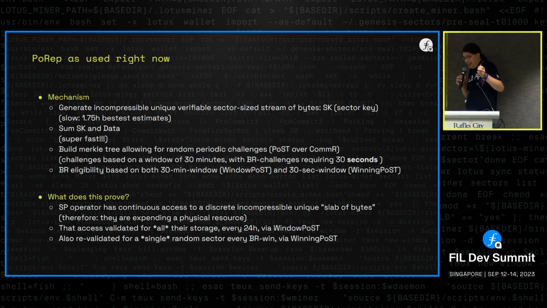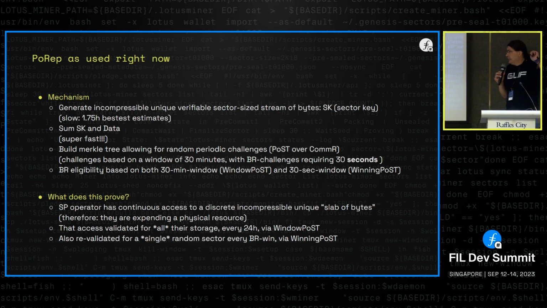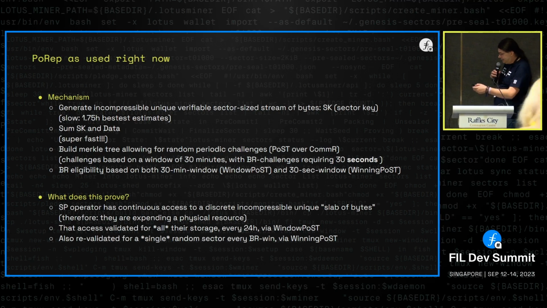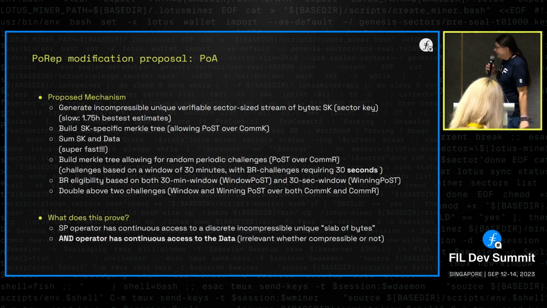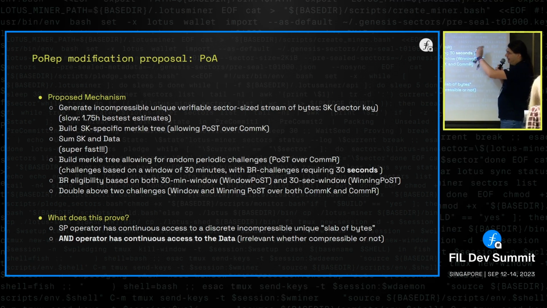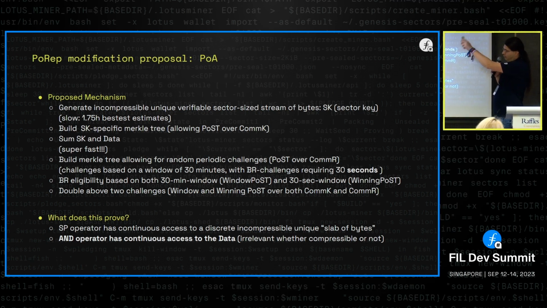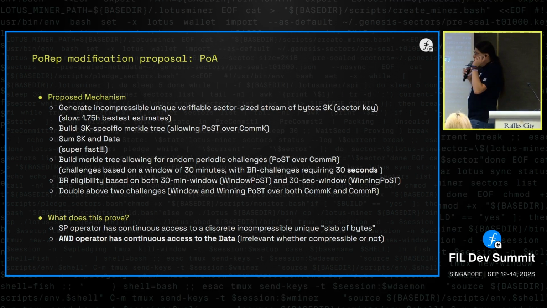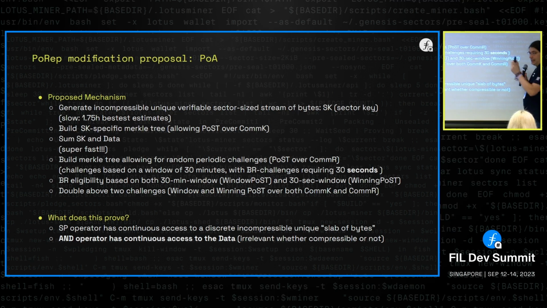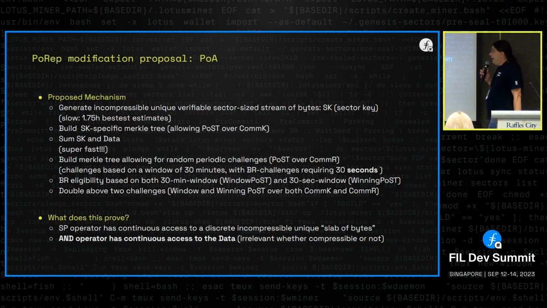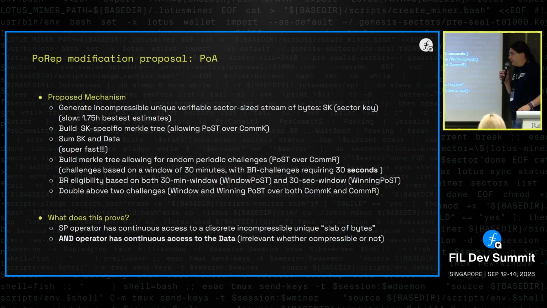The proposed change, which Kuba and I came up with, and Luca wrote up in a very nice Notion doc, is this. So we still do the first step exactly the same. Still spend the minimum 175 hours, more like 2 hours. Then we build a proof only over this incompressible thing. Then we again put together the sector key and the data, and then we build another proof on top of that, just like before.